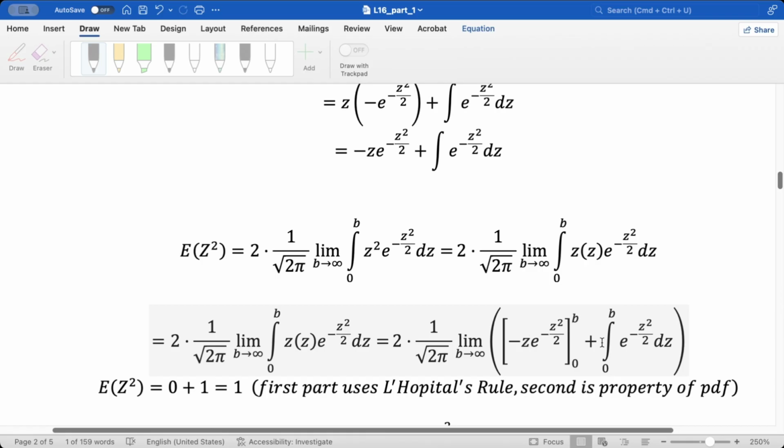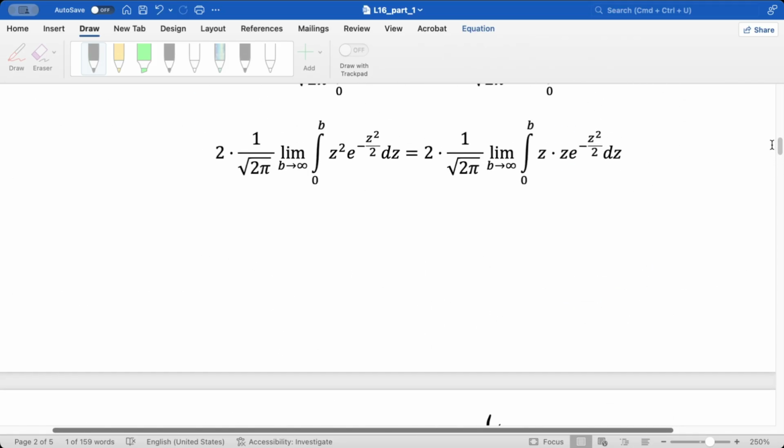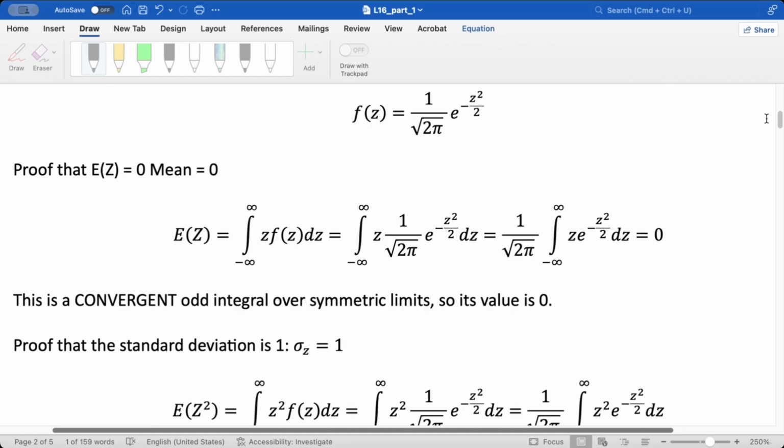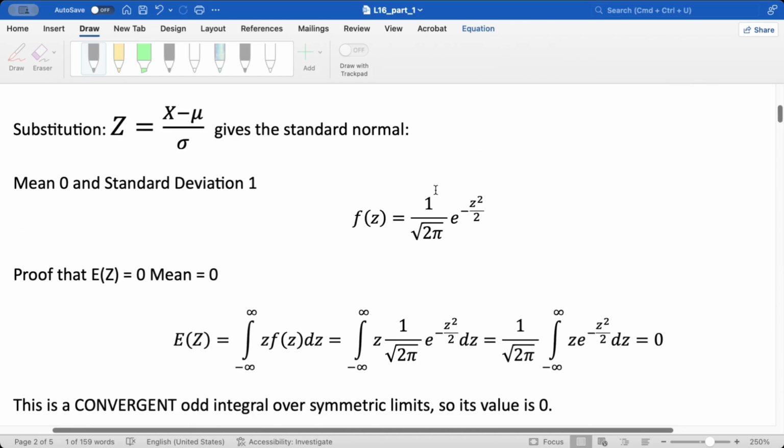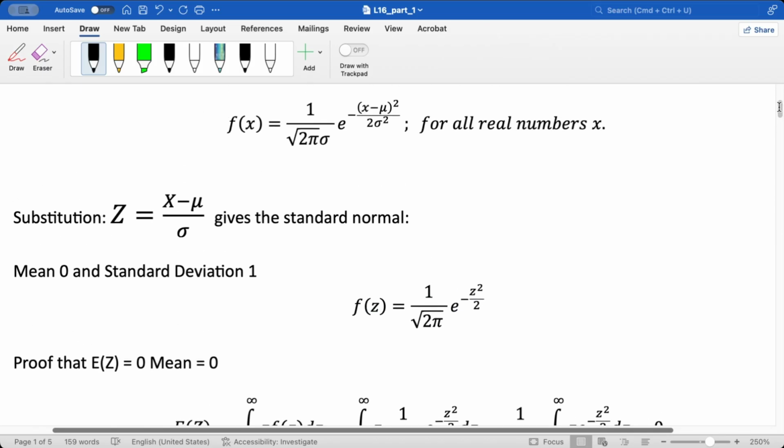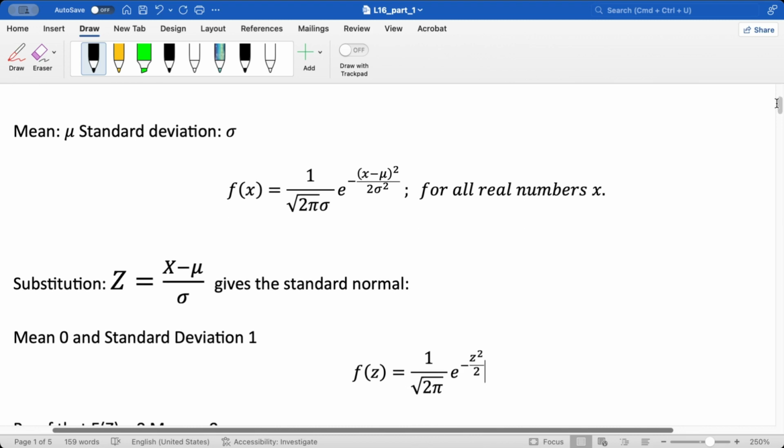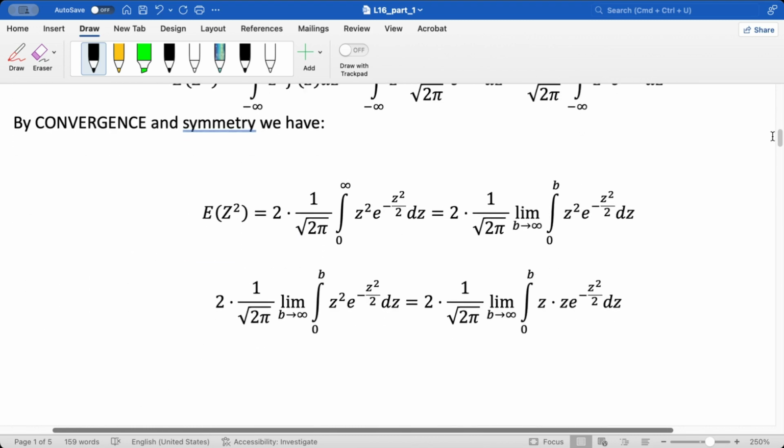In the second portion here, we're using the fact that this is a density function. Now, we never actually did the proof here, but if we believe this is a density function, then the integral over the whole domain, which is all real numbers, has to be 100% or one whole.